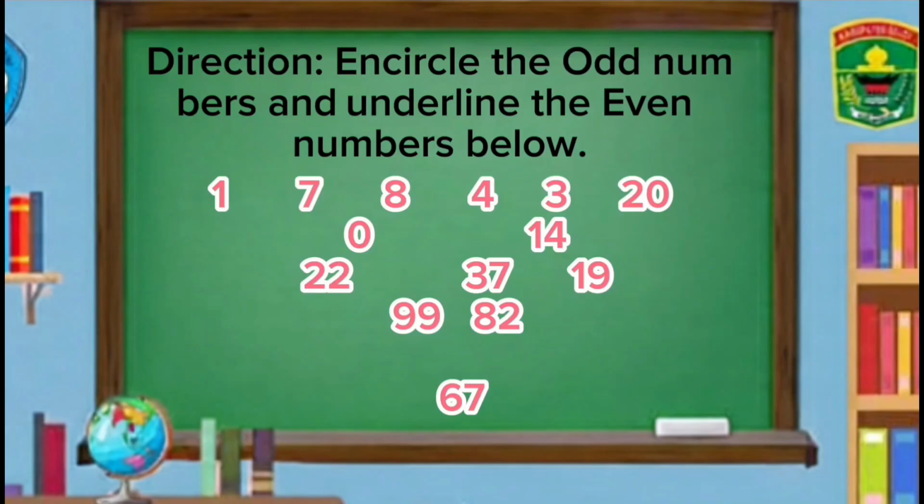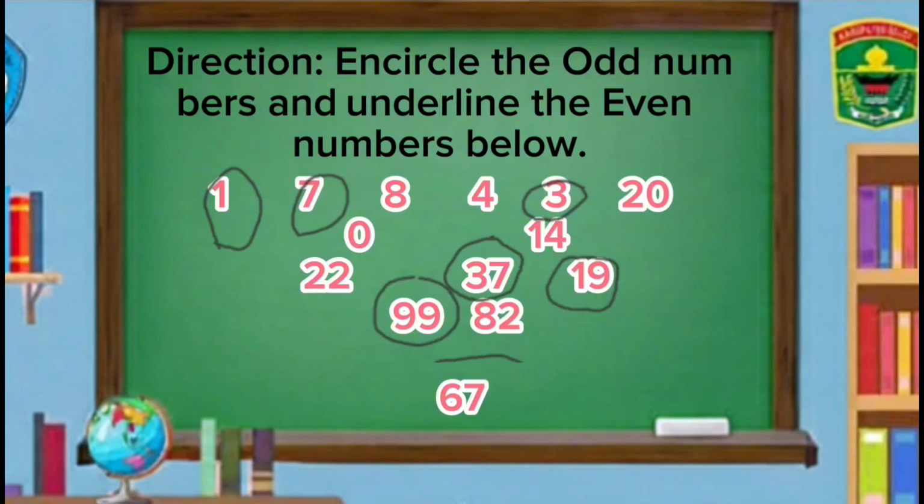Alright, let's check. Which are the odd numbers below? We have 1, 7, 3, 37, 19, 99, and 67.